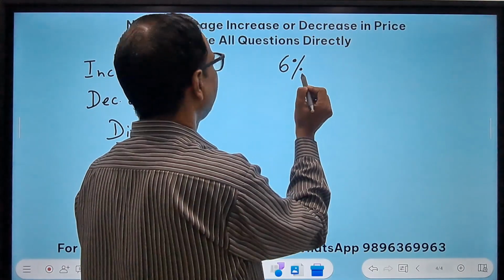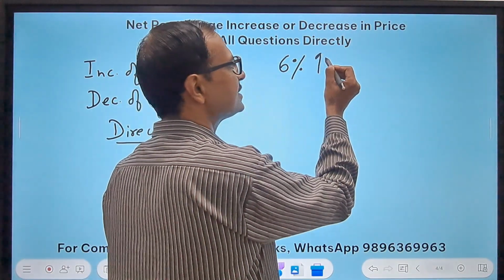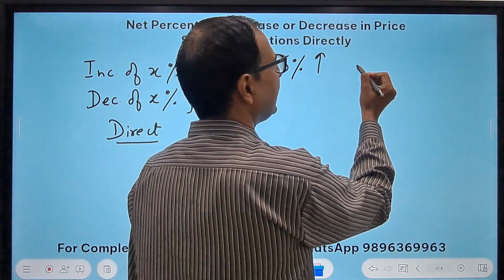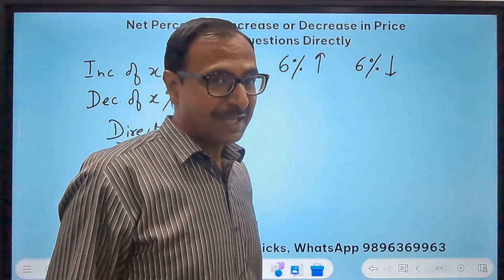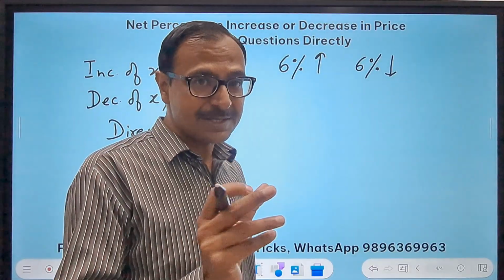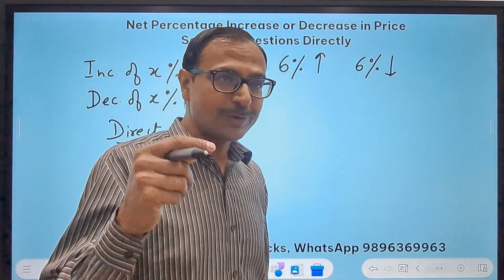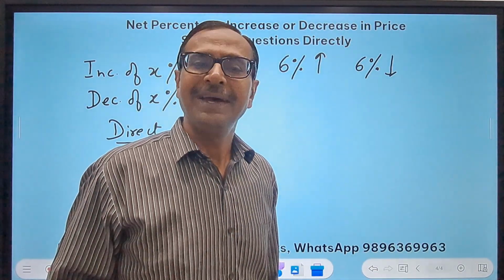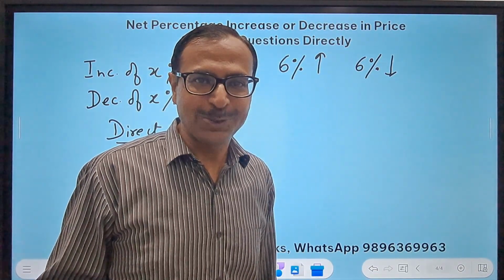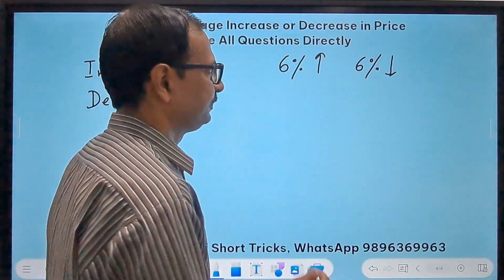So first the value of the item increases by 6% and subsequently it decreases by 6%. Now guess what, there is the answer which most of the students will think: oh, 6% increase and then 6% decrease, so no change. That is the worst answer we can get actually. Okay, so let's see how.